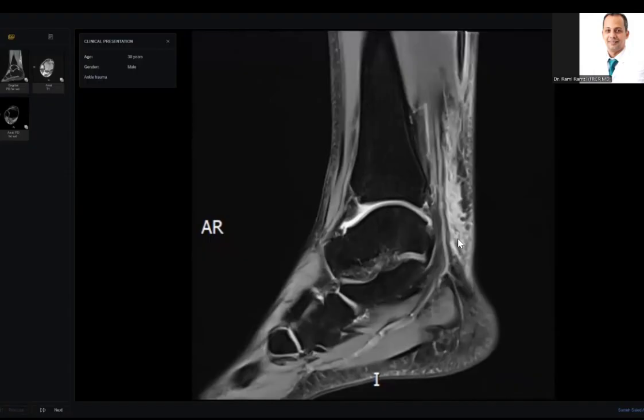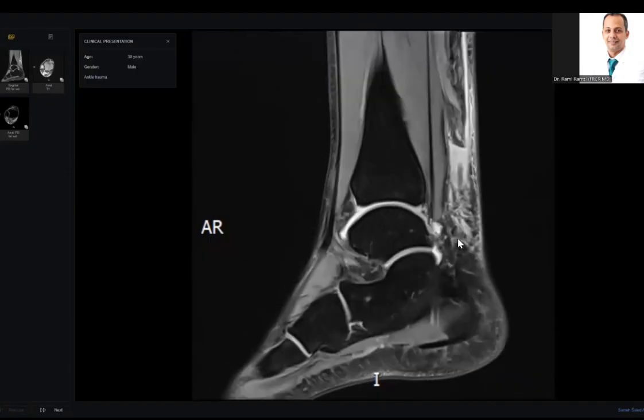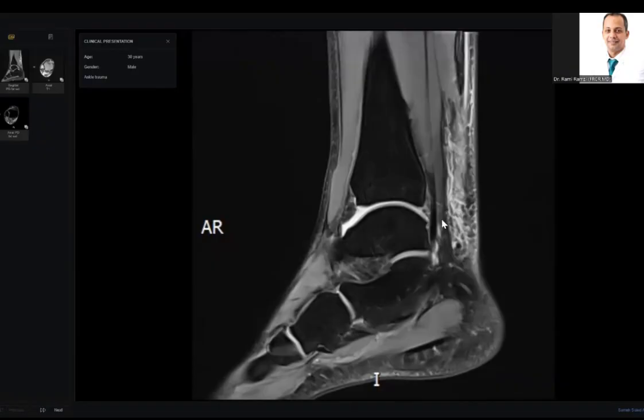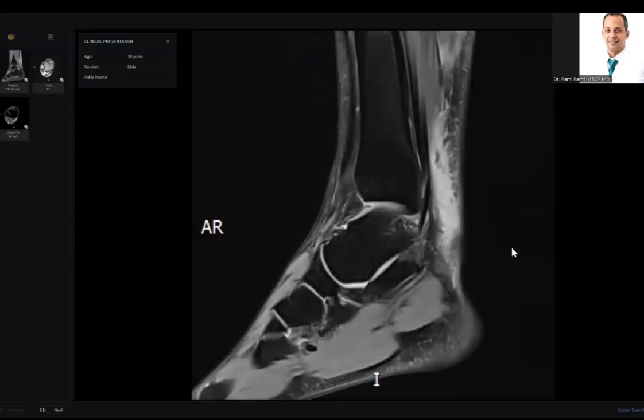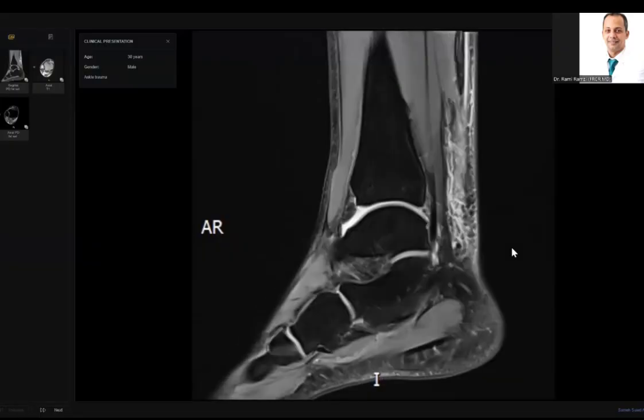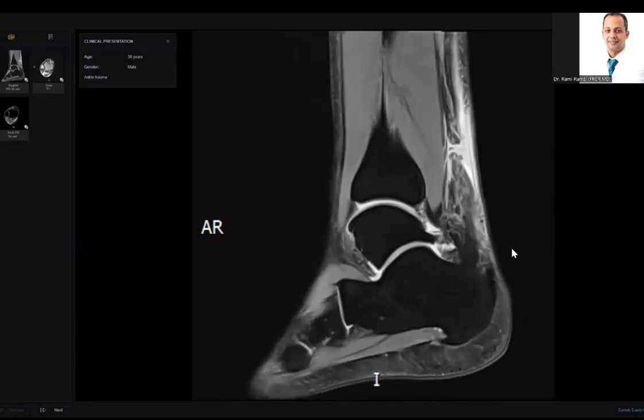Where? These hyperintense signals. Don't worry about it. Look at the calcaneus. Okay, so I'm going to look at the posterior part. Here, stop.